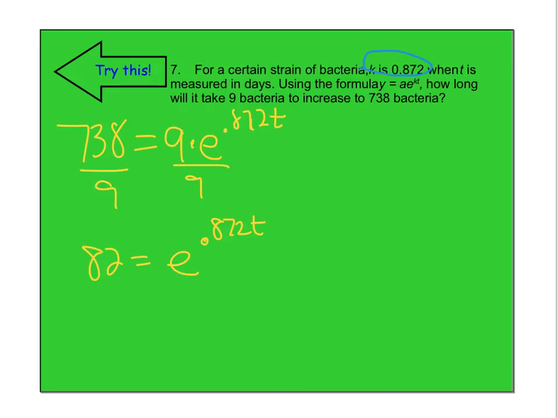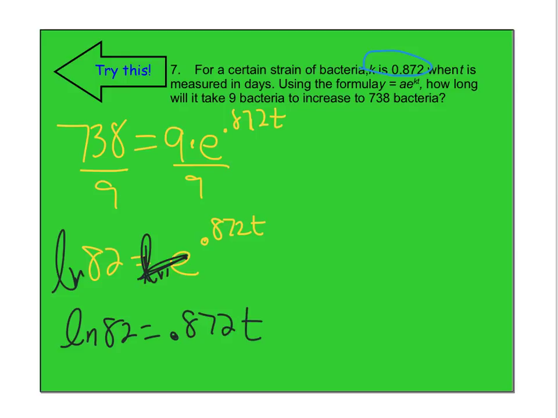So then I want the natural log of both sides. So I want the natural log of 82. And then these cancel out, so I'm left with 0.872t. Natural log of 82 is going to be 4.4067.